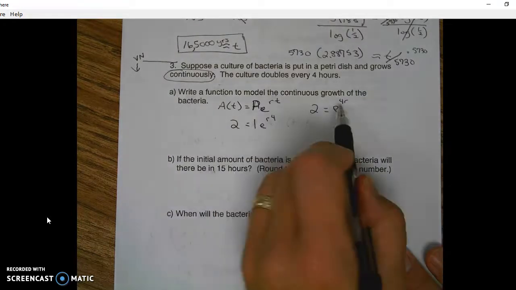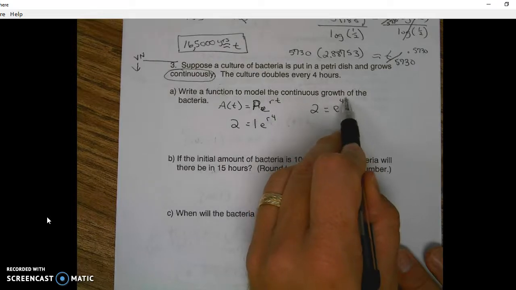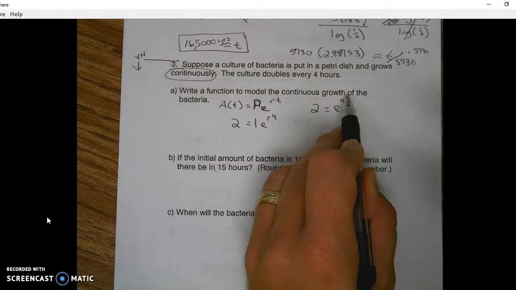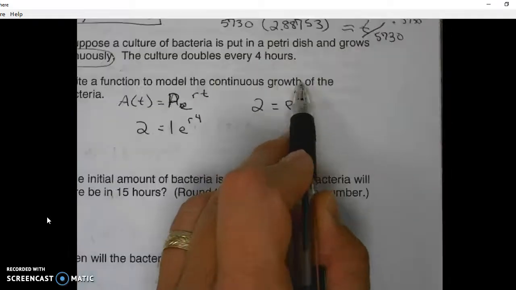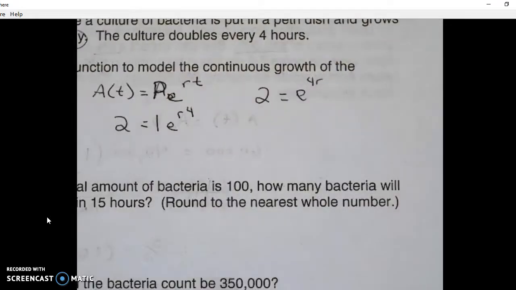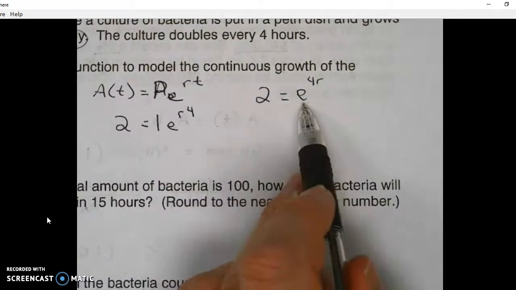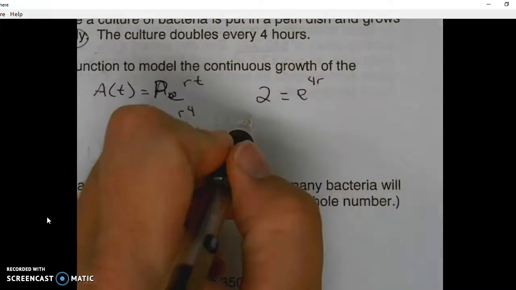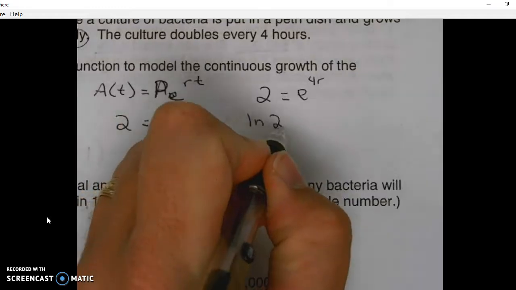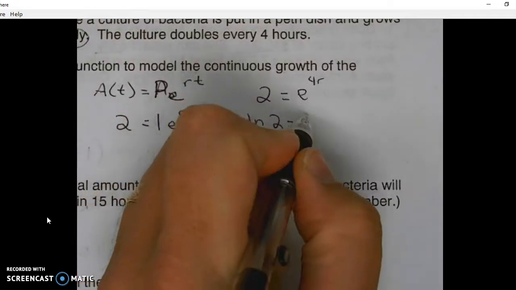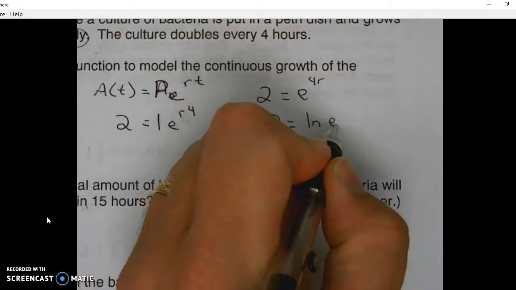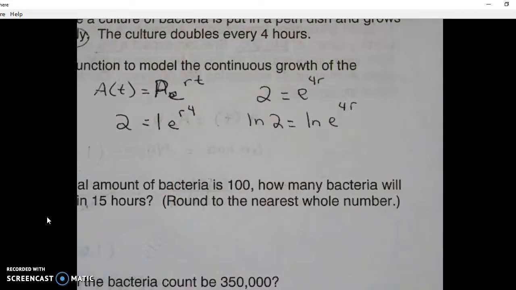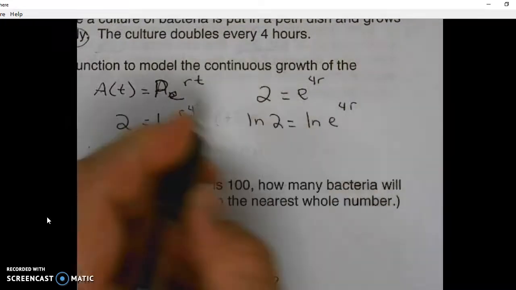So now we want to solve for r. Remember, since the variable is in the exponent, we're going to take the log of both sides. Since I'm using e, I'm going to take the natural log of both sides, and bring the 4r down front.